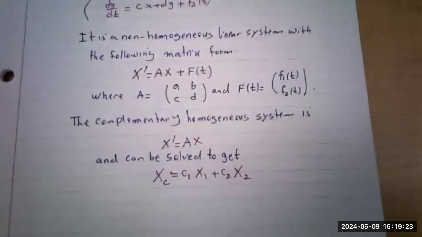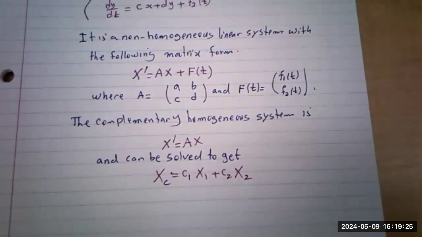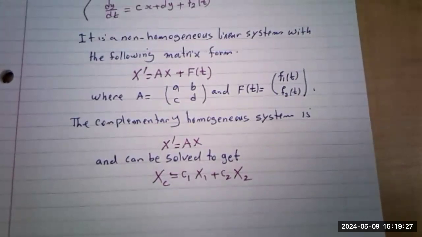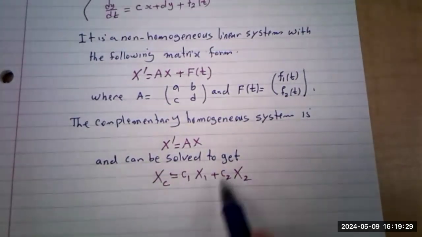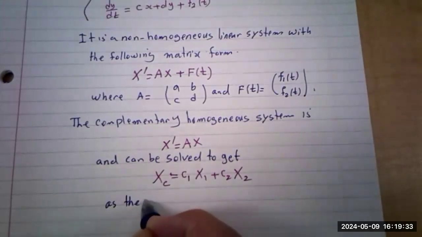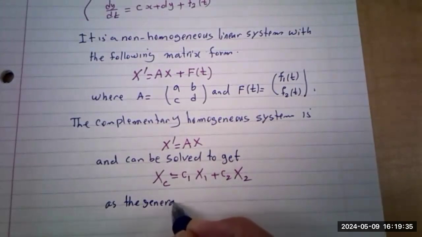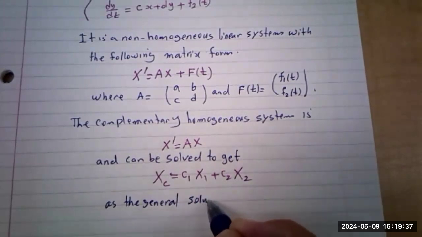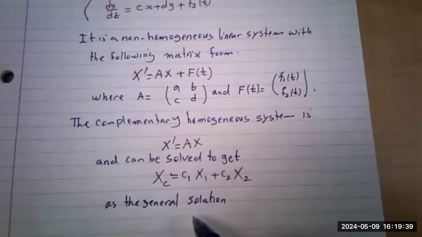So that would be the general solution of the homogeneous one, and we solve it as we did before. This is the general solution of that homogeneous part that we talked about.